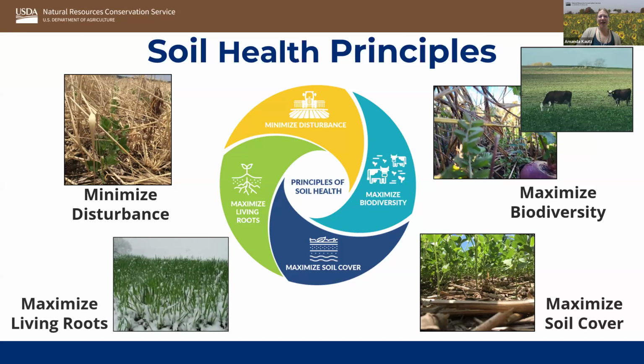And then the last one is maximizing living roots. So every day that we have something growing, roots are going to exude sugars. And then those sugars are going to feed our soil biology. So the more roots that we have growing and the more days we have that going, the more active that soil biology is going to be and the more complete it's going to be because we're actually feeding it.